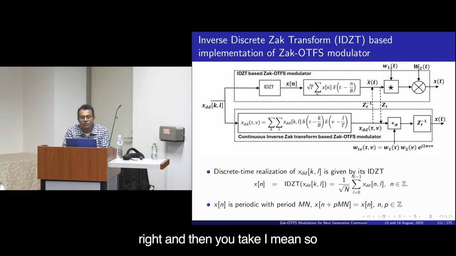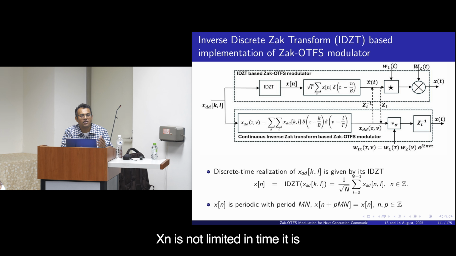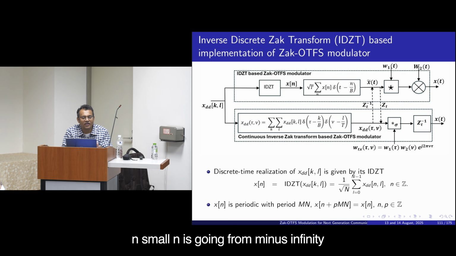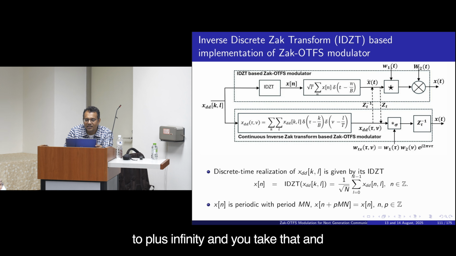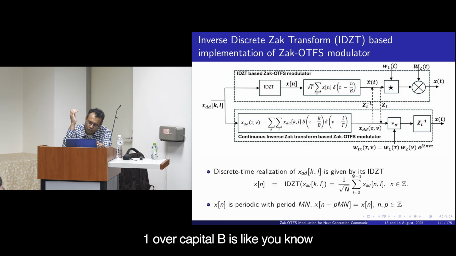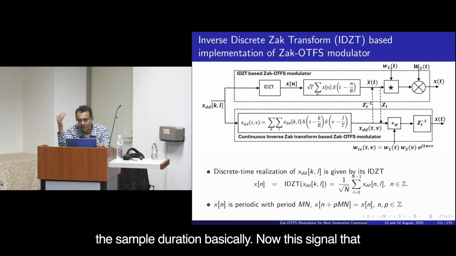And then you take, so xn is not limited in time. Small n is going from minus infinity to plus infinity. And you take that and you put it onto Dirac deltas in continuous time. So the nth sample is put on a Dirac delta at the time instance n over capital B. So 1 over capital B is basically the sample duration.